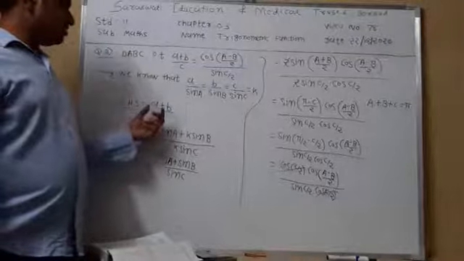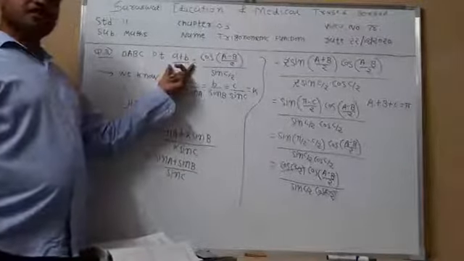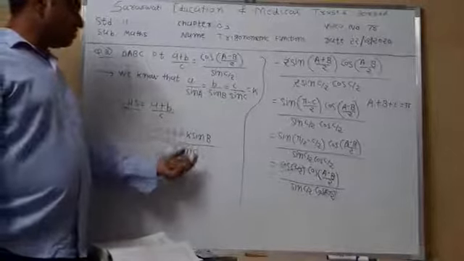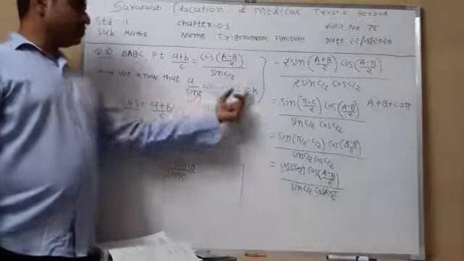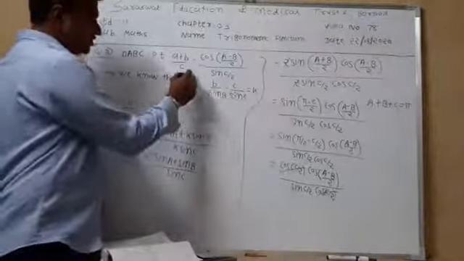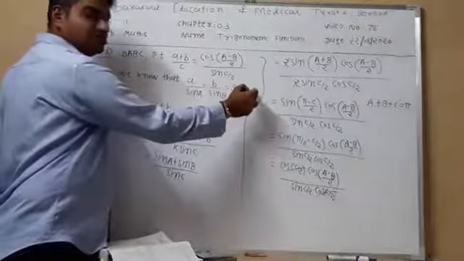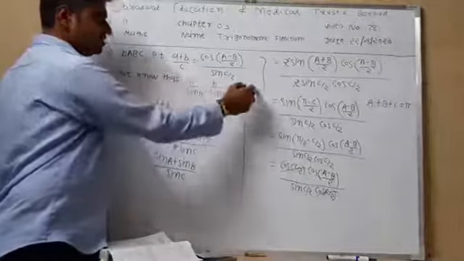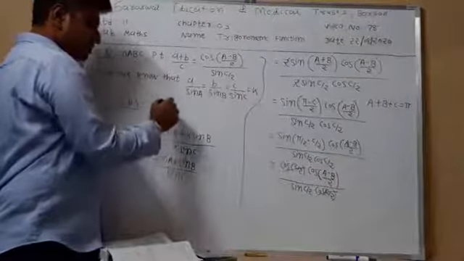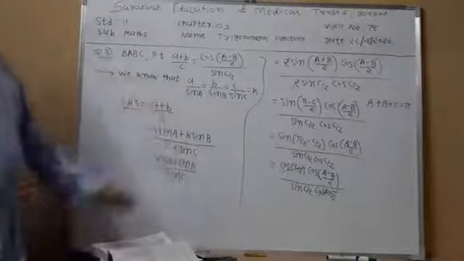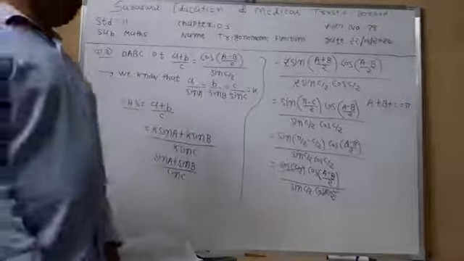Now in the LHS side we have a plus b upon c, and we substitute a, b and c using this result. First term compare with k. So a upon sin A is equal to k, that means a is equal to k sin A. Similarly, the values of b and c substitute here. K we can take common and then cancel out this term.